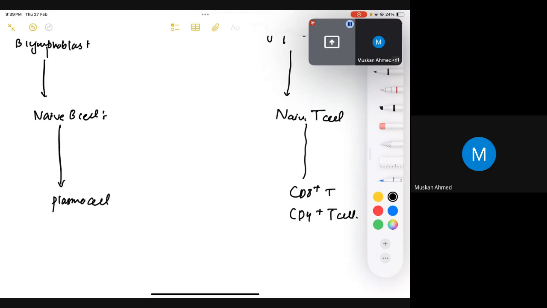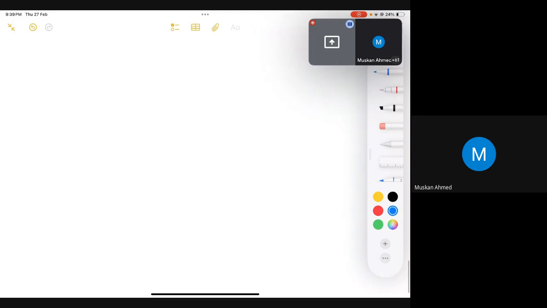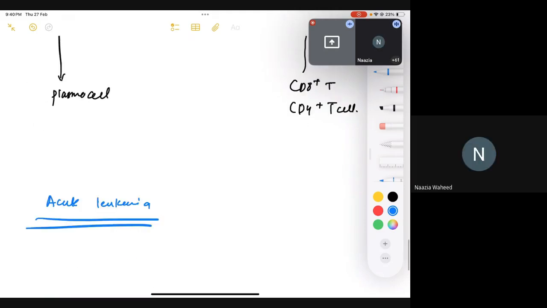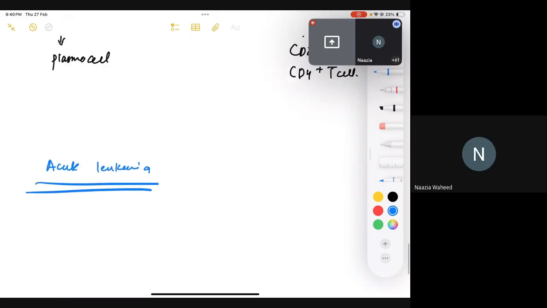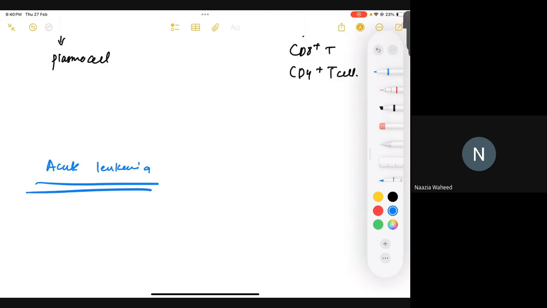So let's discuss what acute leukemia is. Whenever you see leukemia, it indicates that you are going to have cancers of your leukocytes, of all of these lineages.